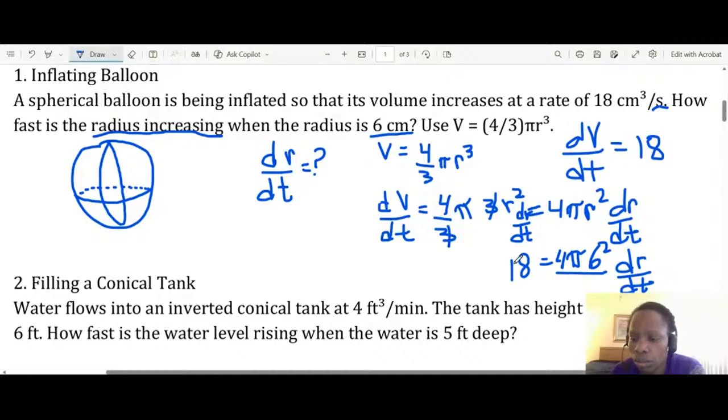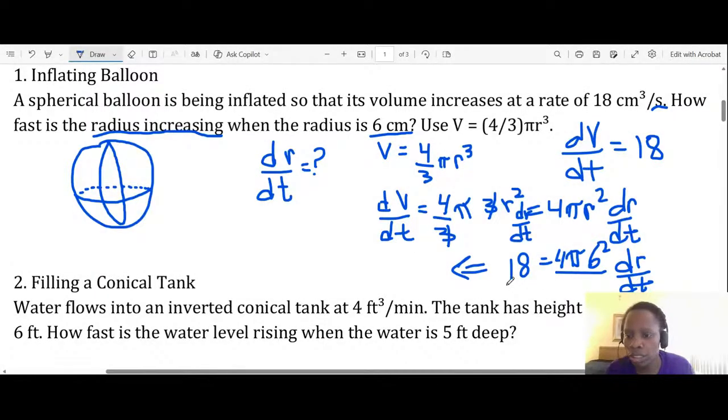Okay, let's go this way and do our division, dividing by 4 pi times 6 squared. I mean, we could put 36, but let's just go ahead and do it like this.